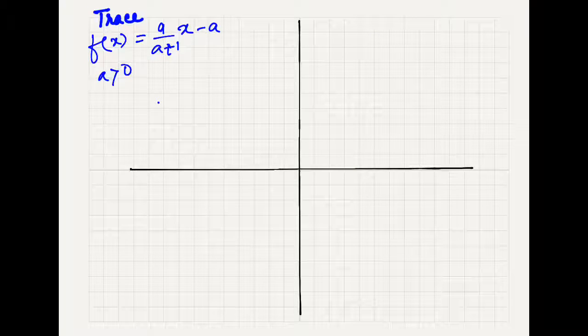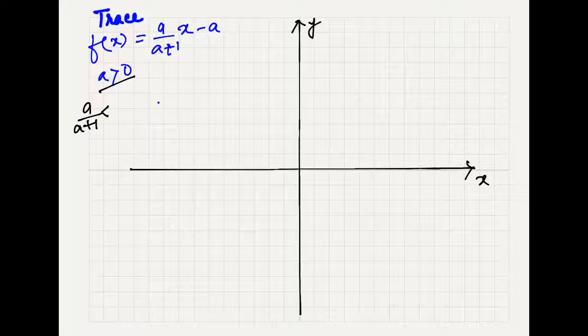Now, sometimes we may be asked to trace this kind of lines also. Now, what we can see is that as a is greater than 0, a by a plus 1 is a positive quantity, and a by a plus 1 is less than 1. Of course, a plus 1 would be greater than a.